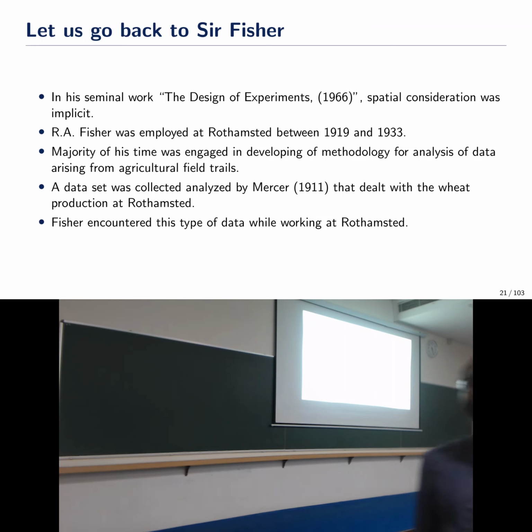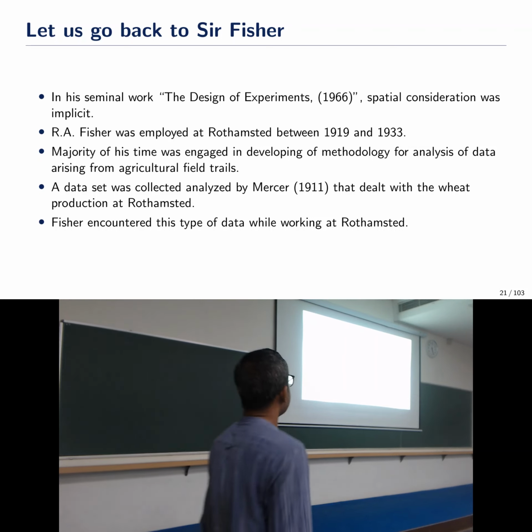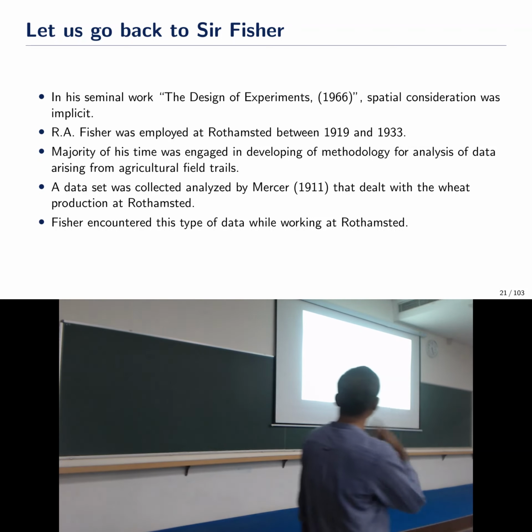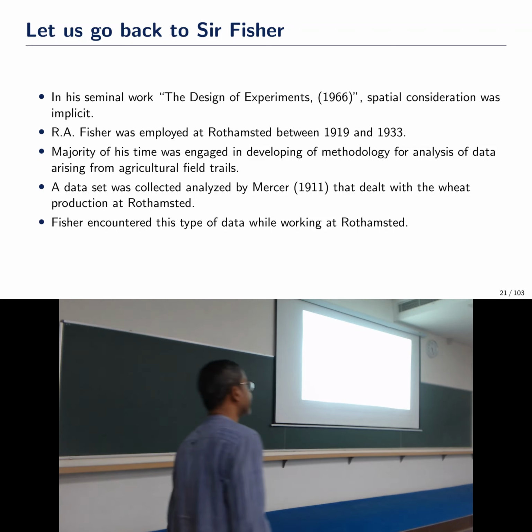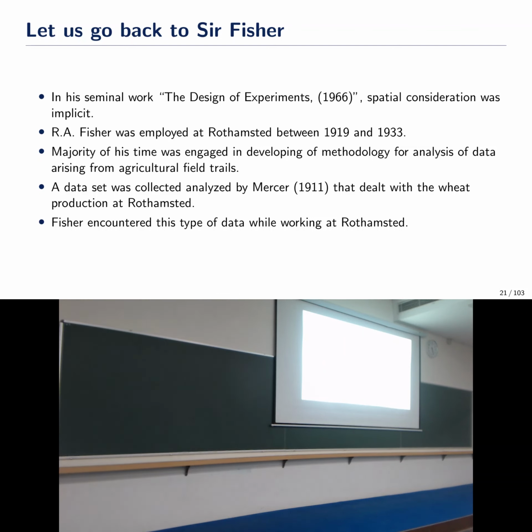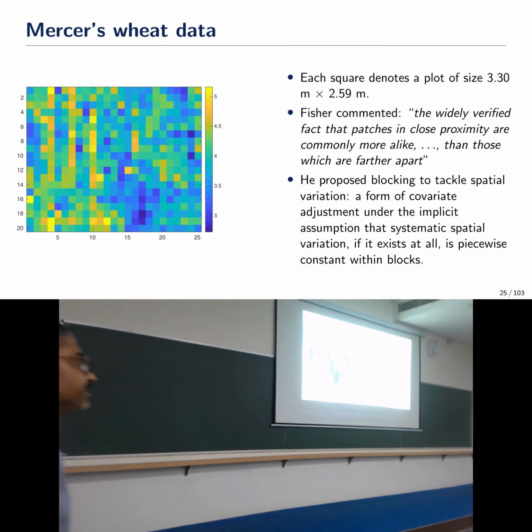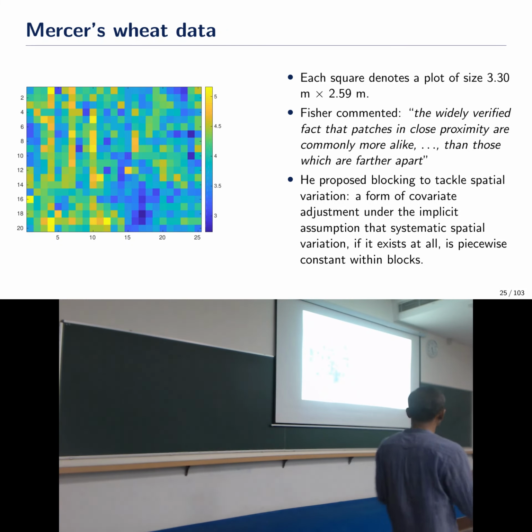He worked there for a long period, 1919 to 1933, and he encountered some data sets, noticed by Mercer, who was also an employee at that institute, and collected in 1911.